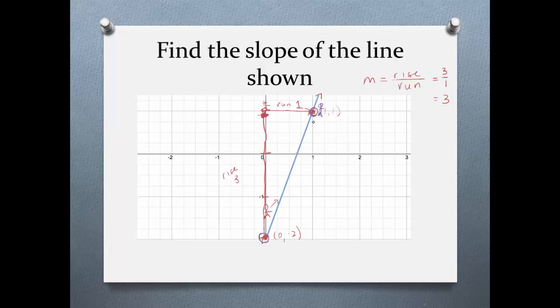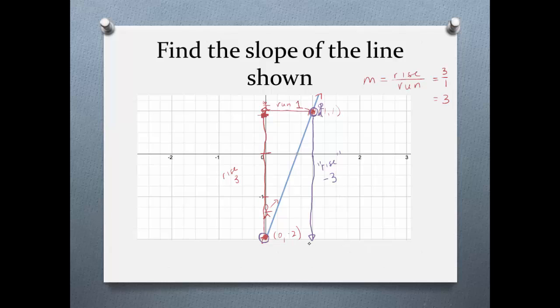Well, if I'm starting here and I'm going to go vertically first because that's what the rise does, to get in line with this other point, I actually have to go down. And if you're going down, then we still call it the rise, but we give it a negative value. So this would be a rise of negative 3, which is really a fall.